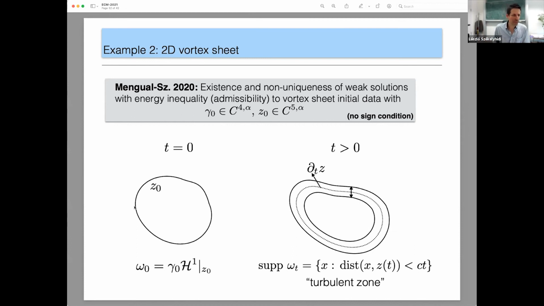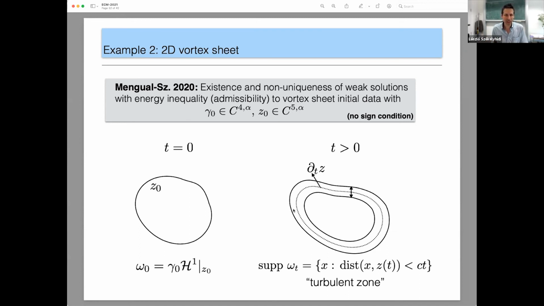And the strategy is basically the following. You start with this vorticity on the curve, but we don't make the ansatz like Birkhoff-Rott. We just make the following ansatz that starting from that initial curve, there is going to be a slightly deformed curve, z(t), around which there is a turbulent zone. So we don't try to resolve these little roll-ups, these spirals.